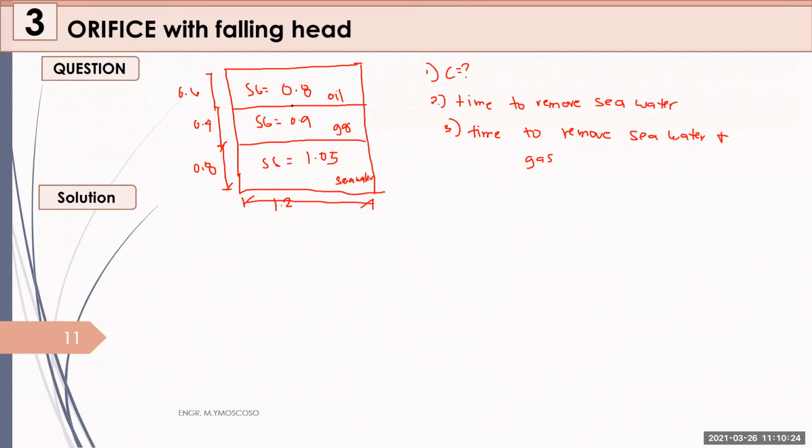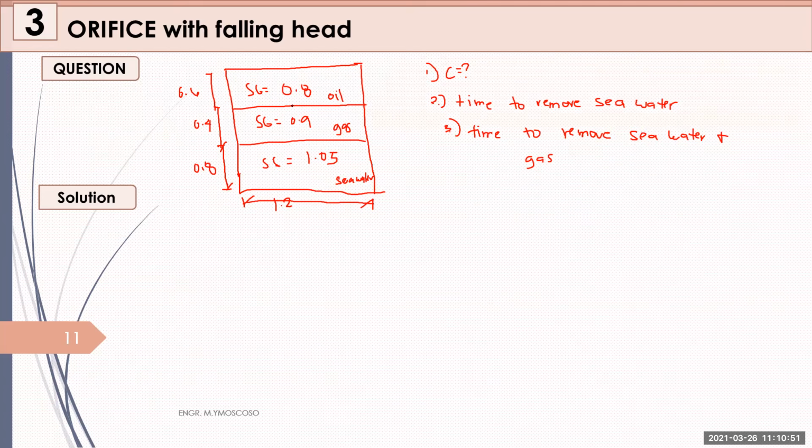No? Ibig sabihin, if i-consider natin lahat as seawater, yung gas at saka oil niyo is i-convert niyo to a seawater. Okay? Kasi hindi naman ninyo pwedeng ma-compute yung H natin as 0.6 plus 0.4 plus 0.8. Hindi natin yun siya ganun i-consider, kasi i-consider rin natin yung fluid inside our tank.